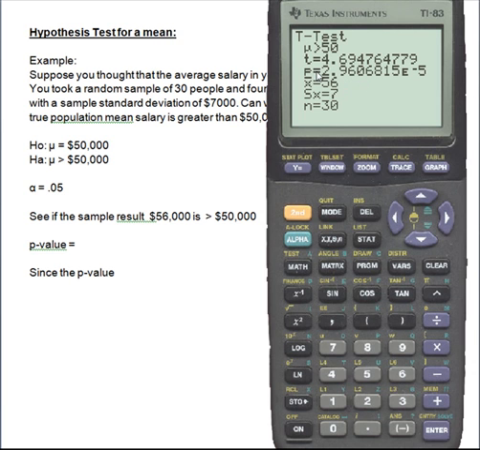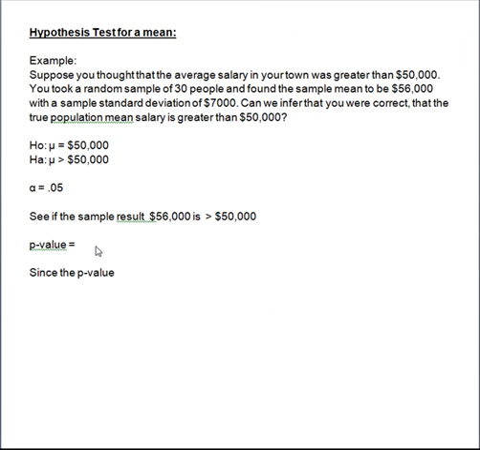We get a p-value of 2.69 times 10 raised to the minus 5, which is equal to 0.0000269, three significant digits.